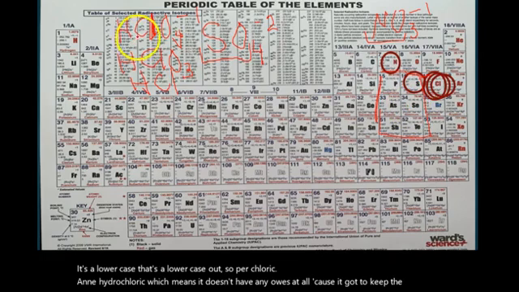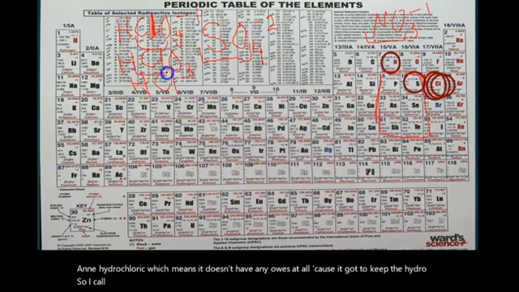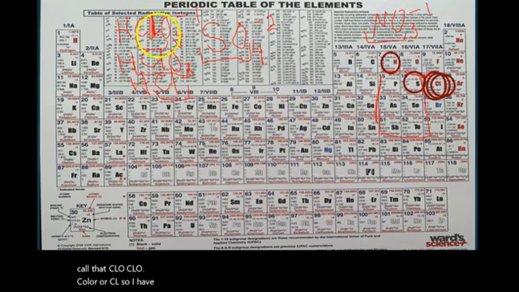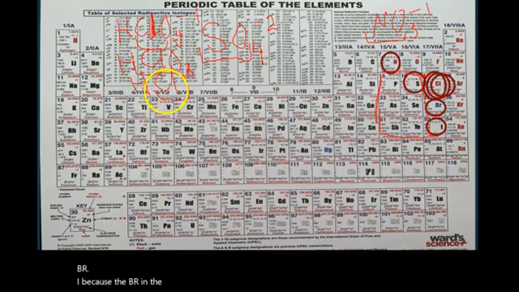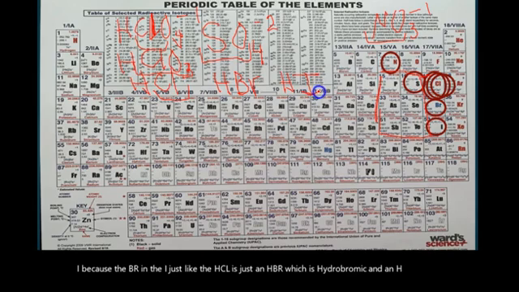So I call that CLO, or Cl. So I have NO, SO, CLO. Then I say Cl, Br, I, because the Br and the I, just like the HCl, is just an HBr, which is hydrobromic, and an HI, which is hydroiodic.